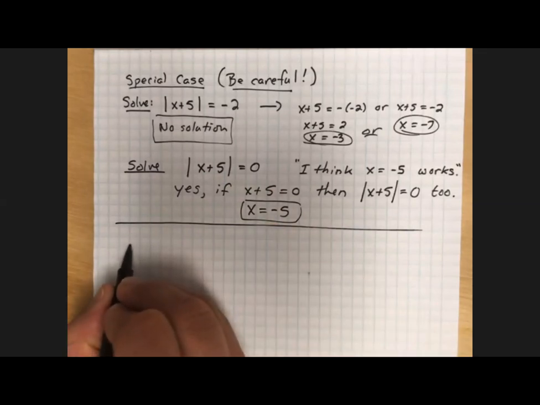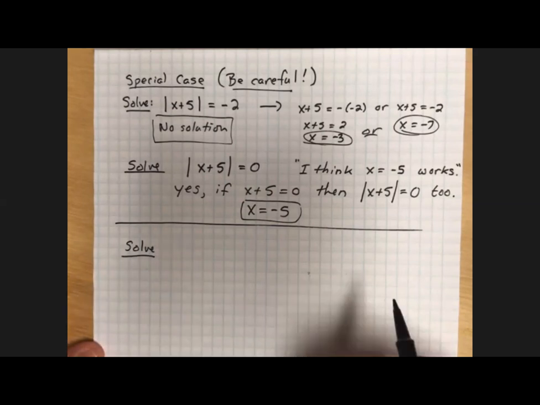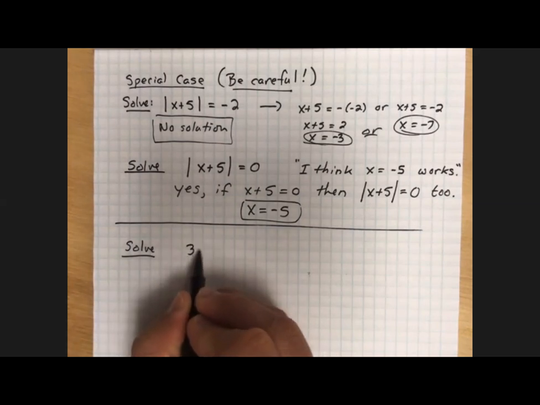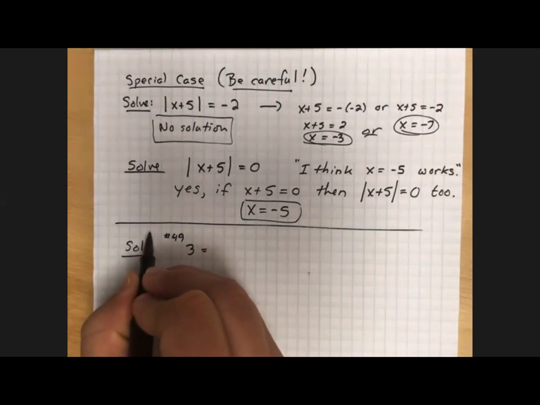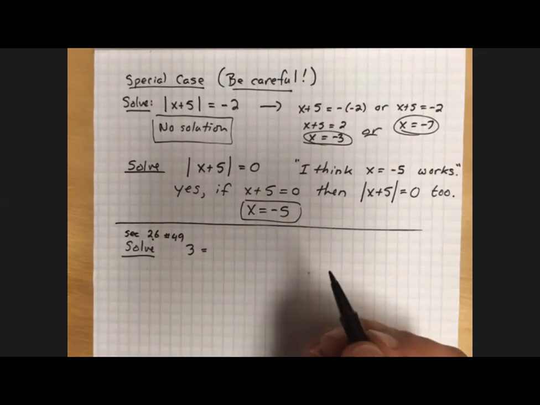Okay, let me try one more on you before we go to another rule, and then shortly we'll take a break. So I'm sitting here thinking, and I also have the book in front of me. You might have the book in front of you. Let's get weird. So this is problem 49. So what you're thinking right now, section 2.6, is, oh, equal sign, absolute value.